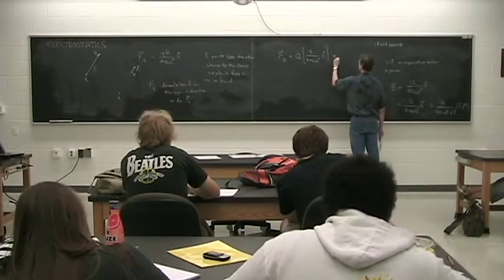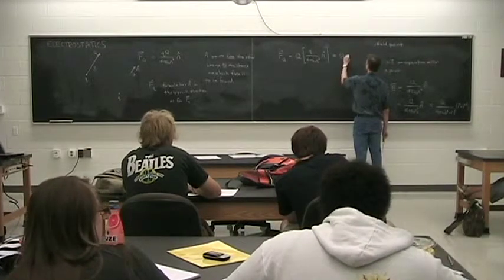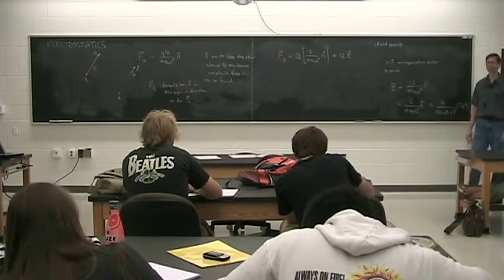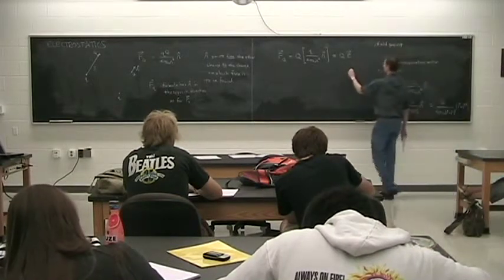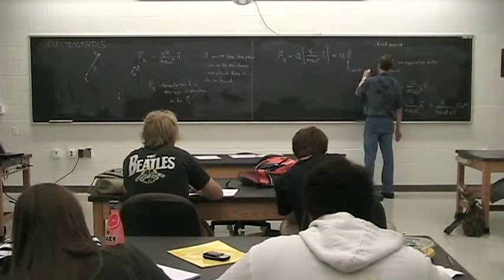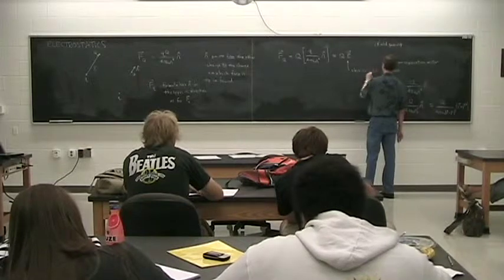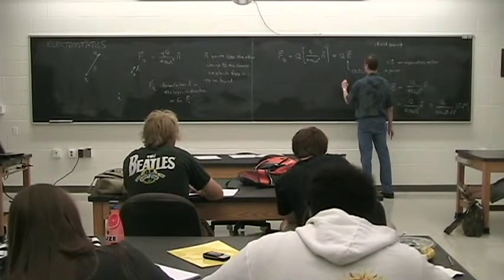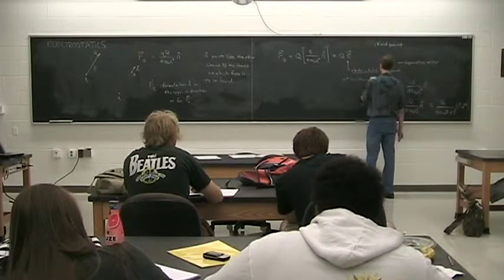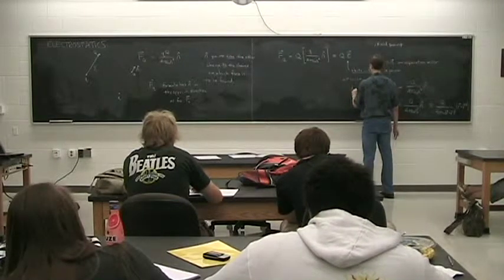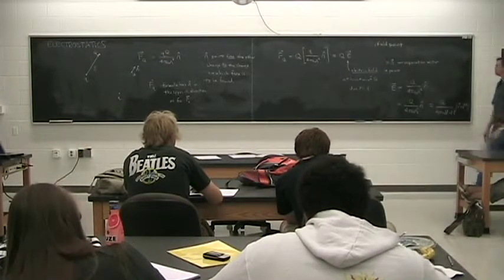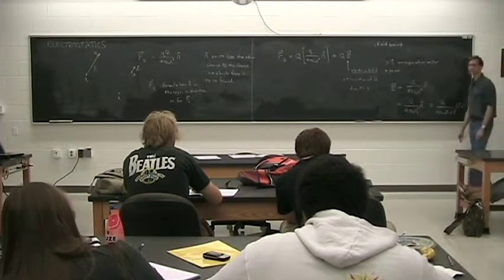And then we define that to be Q times the electric field at the location of Q. That's the electric field at the location of big Q due to little q.